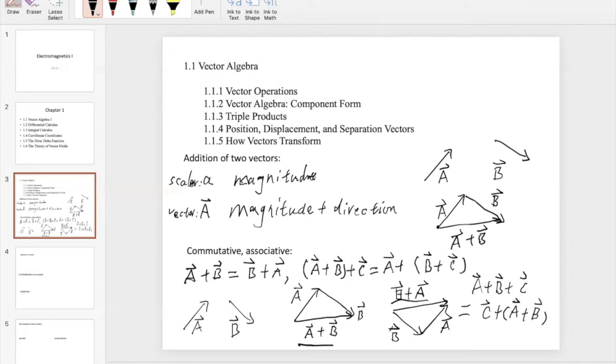They're very useful when you do vector addition, but this is only for vector addition. It's not for multiplications.